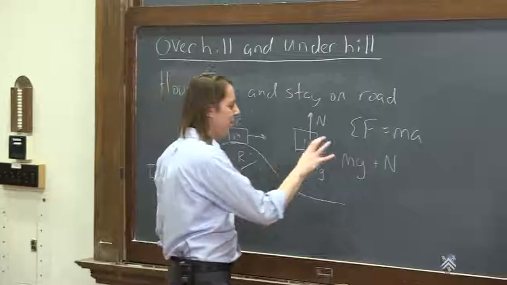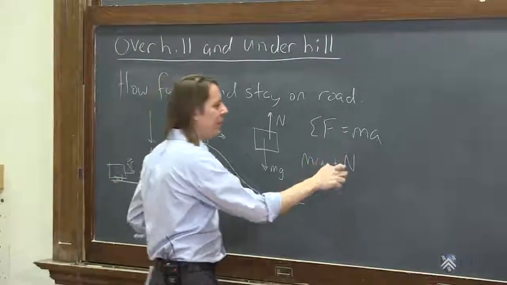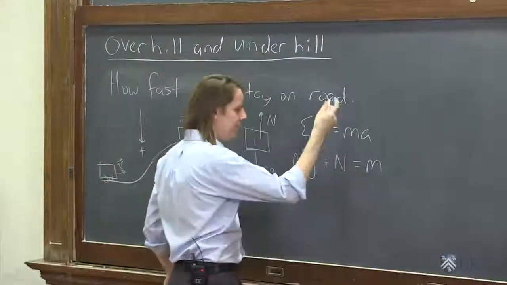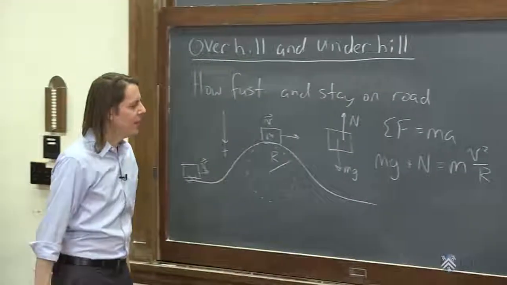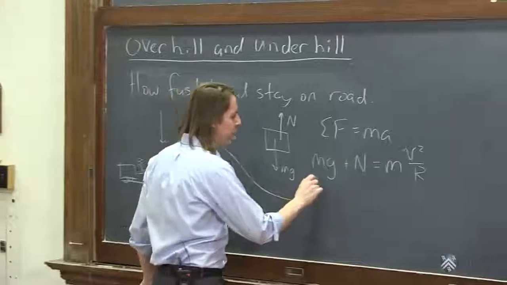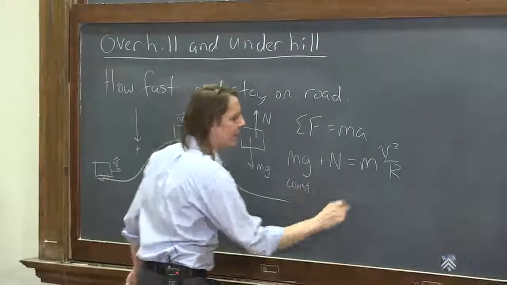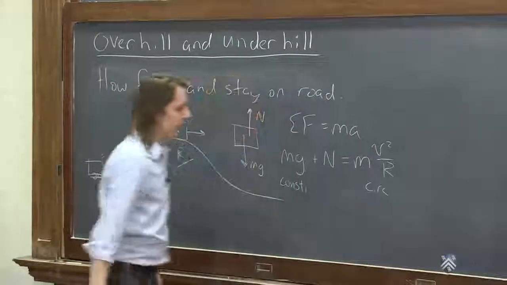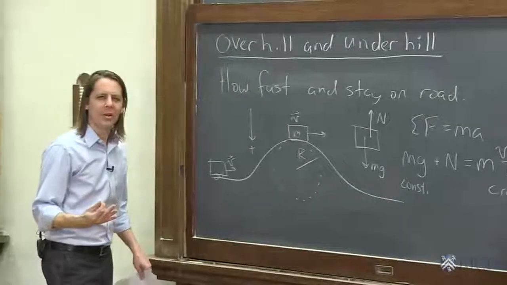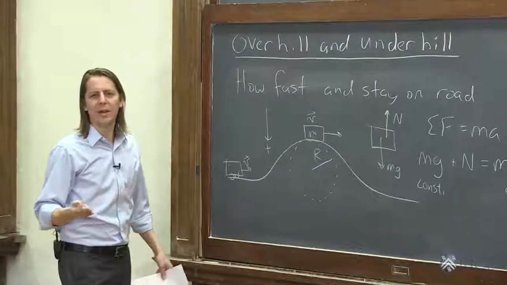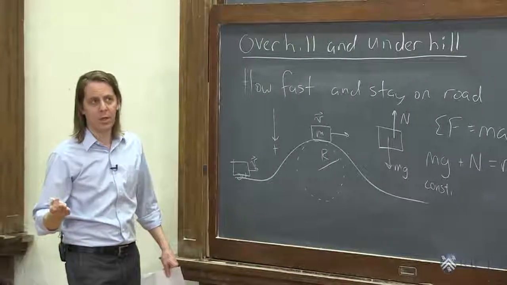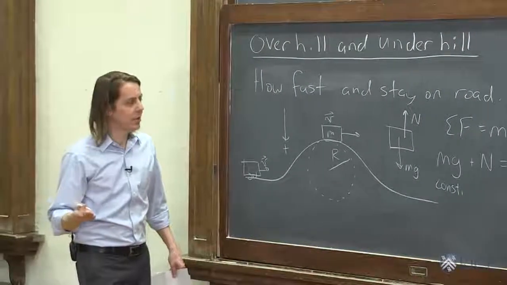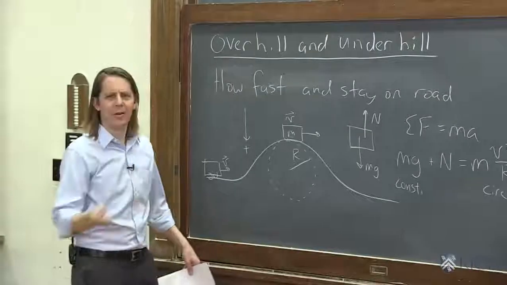So for now, we have the weight down, we have some normal force, and that's equal to mv squared over r, because it's circular motion. Right? And just like before, we know that this is constant, and this is due to circular motion. We can go through the thought process. If you go slow over a hill, being a very safe driver, never been pulled over in 30 years, I go slow, I never fly off, right?